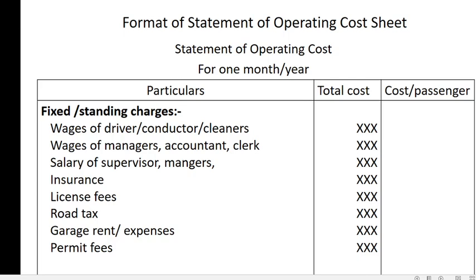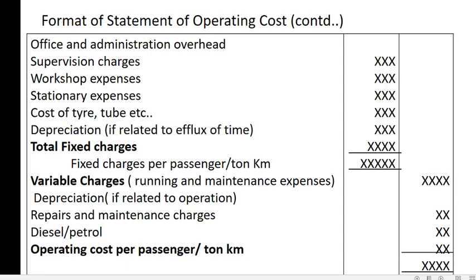Now we come to the general format of statement of operating cost sheet for a transport company. In this format, we see the fixed or standing charges: wages of driver, wages of manager, accountant, clerk, salary of supervisor, insurance, license fees, road tax, garage rent, permit fees, office and administration overhead, supervision charges, workshop expenses, stationery expenses, cost of tire, tube, depreciation if it is related to flux of time.